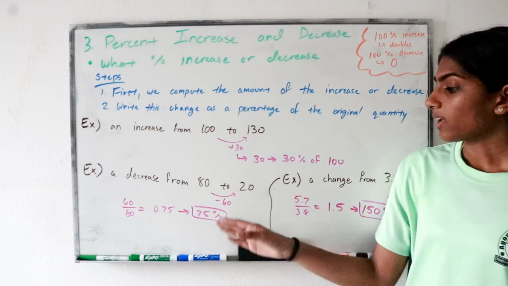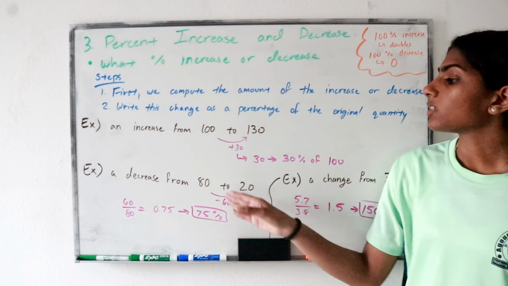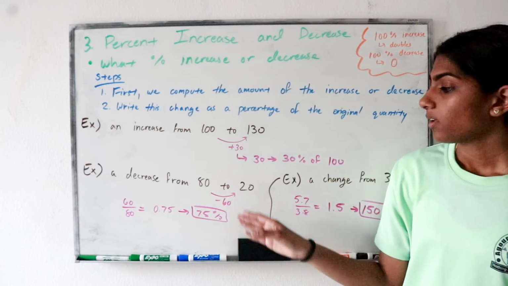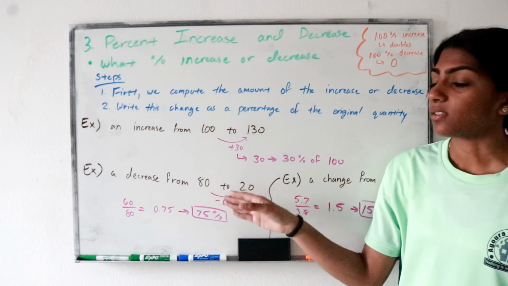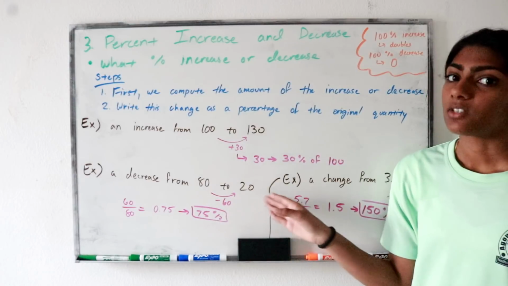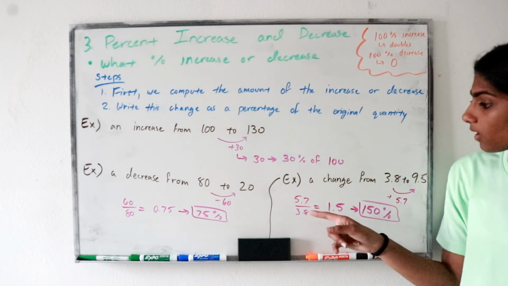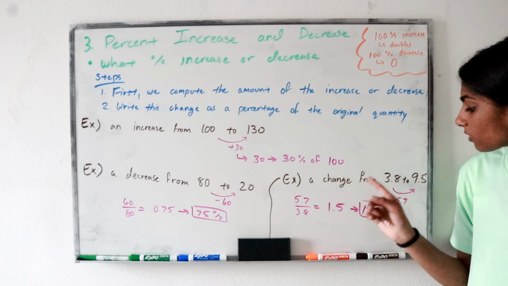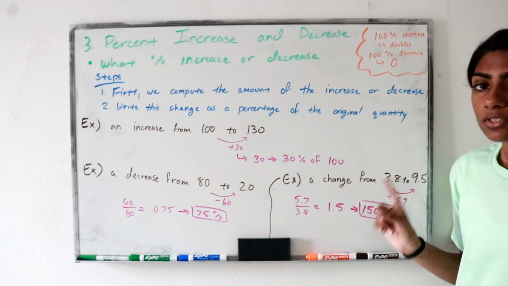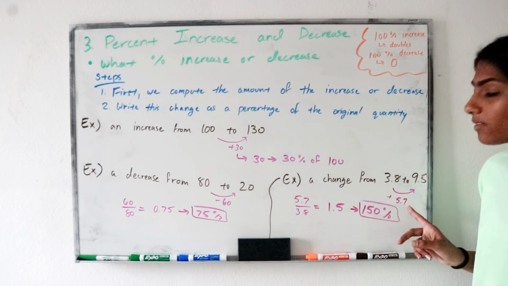So when we say 75%, that means we are decreasing 80 by 75%. And 75% of 80 is equal to 60, and 80 minus 60 is 20. So that's how we can check our answer. Next example is a change from 3.8 to 9.5. First thing, see the difference. We're adding 5.7.